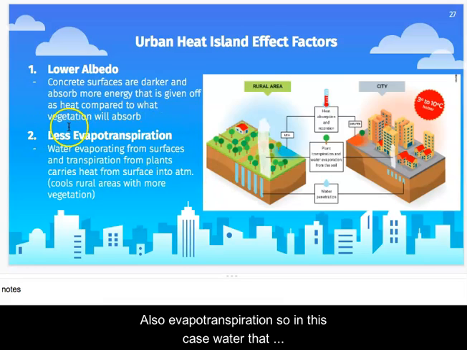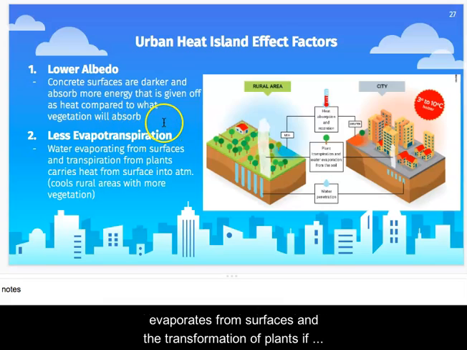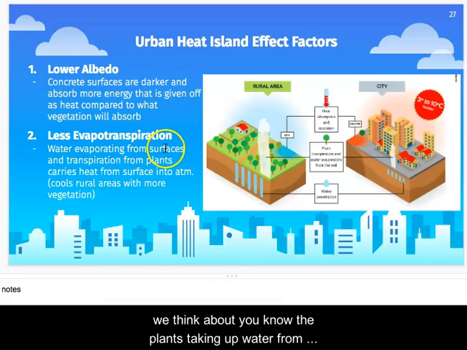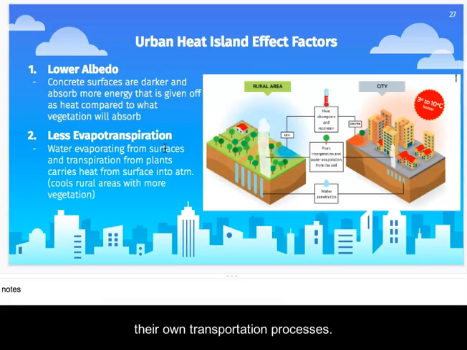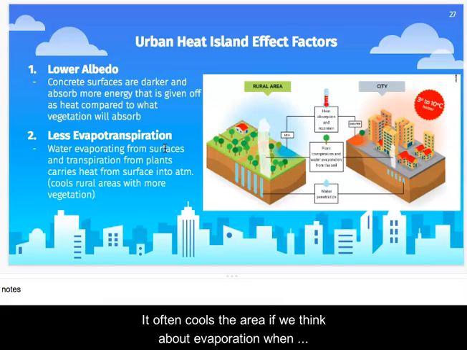Also, evapotranspiration. In this case, that's water that evaporates from surfaces and the transpiration of plants. Plants take up water from the roots, and then they give off water in their own transpiration processes, which often cools the area. If we think about evaporation, when we sweat, that evaporation cools us down.